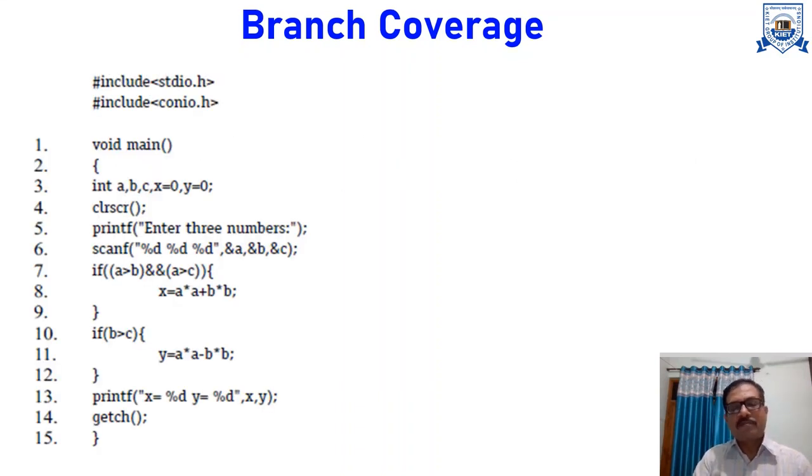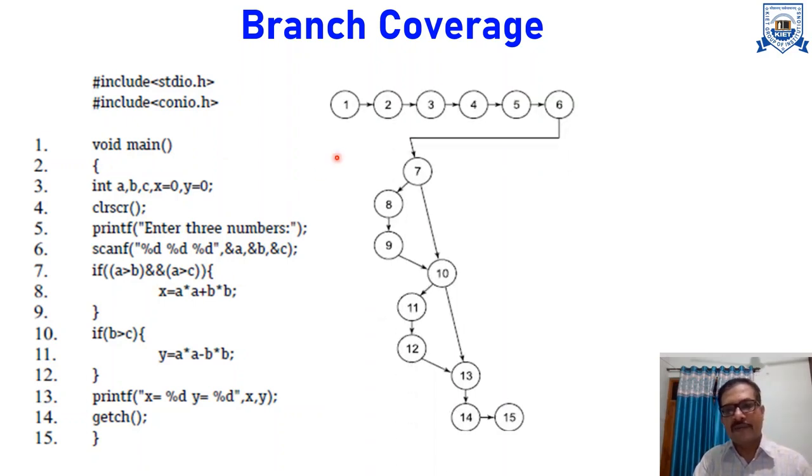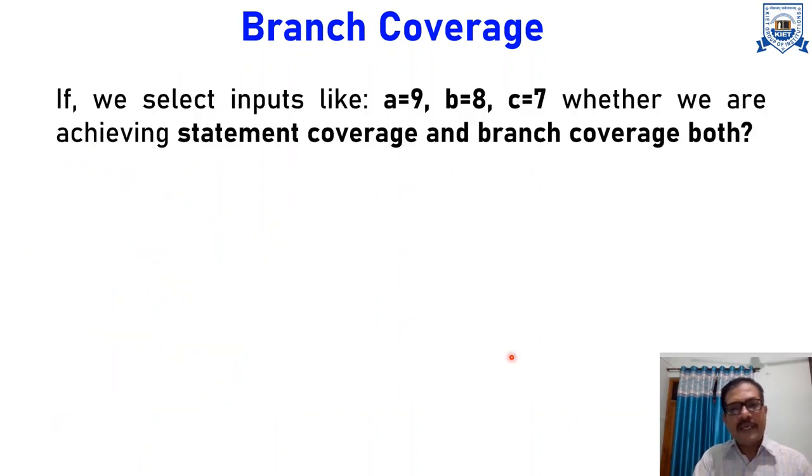So now we are going to take the same program again and draw the control flow graph. The control flow graph will look like this. Now if I'm going to choose a test case like a equals 9, b equals 8 and c equals 7, the question is, we are achieving statement coverage, already you have seen this, and whether you are achieving branch coverage or not.